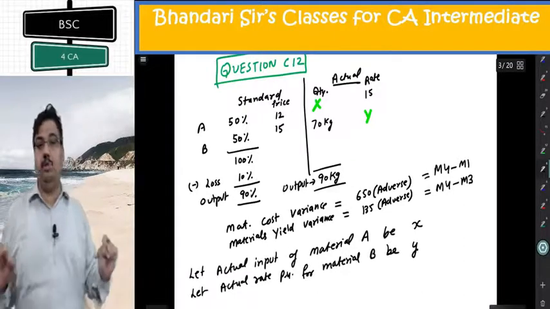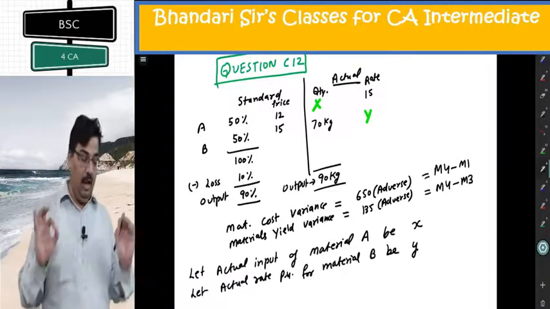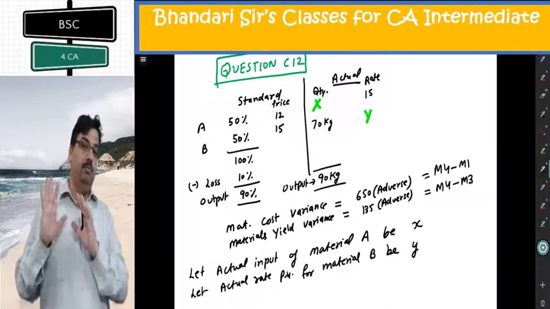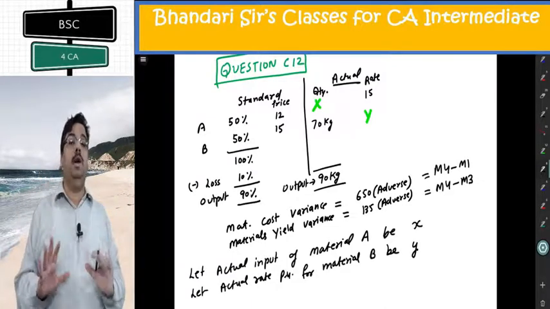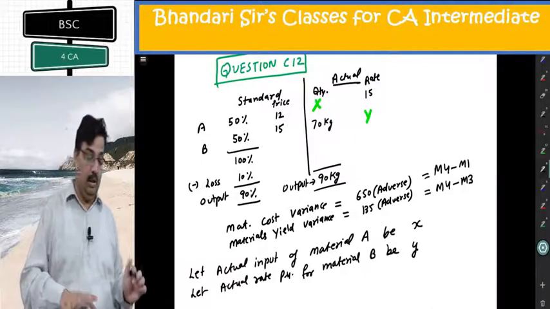So I need to compute 3 steps in terms of X and Y: M1, M3, M4. From there I will be able to get my X and Y. Let us concentrate.